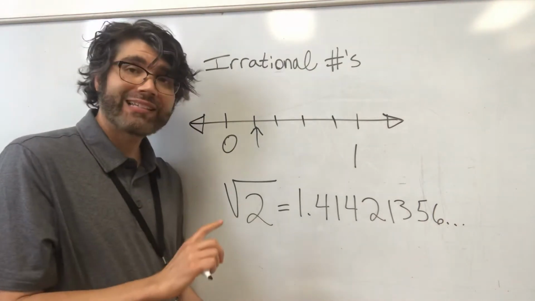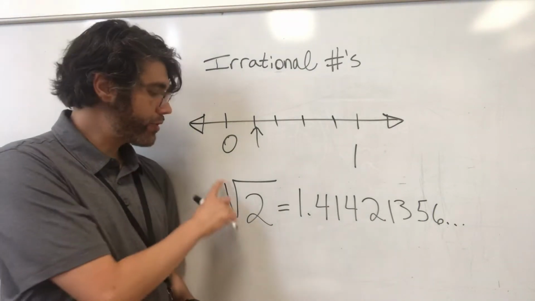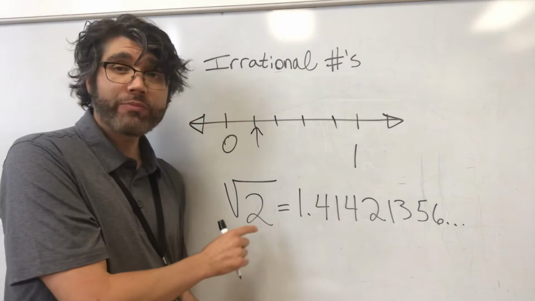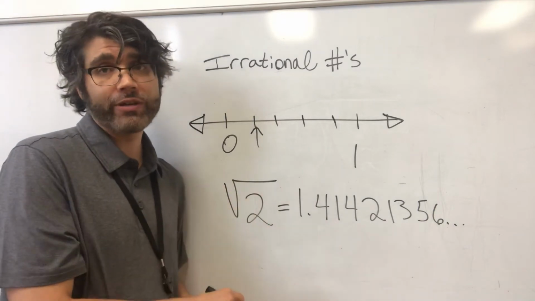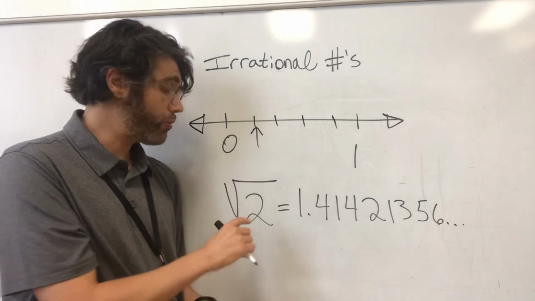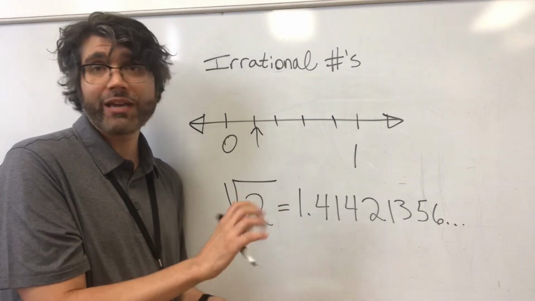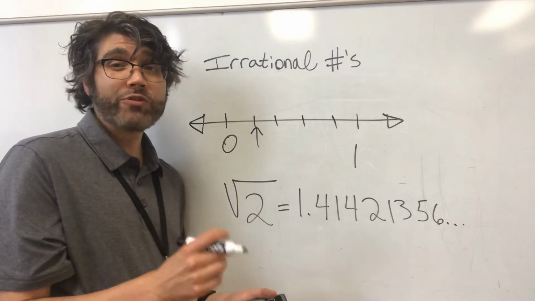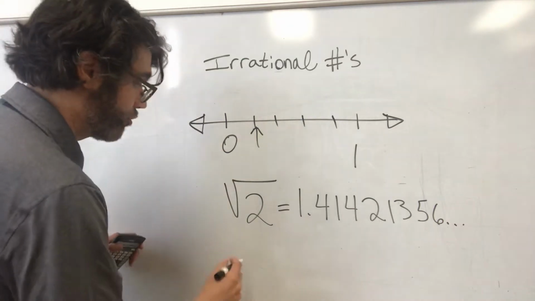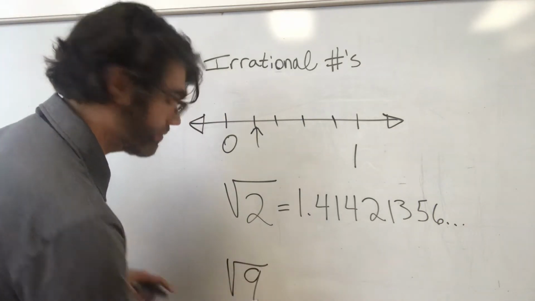In fact, the square root of any non-perfect square is always going to be irrational. So 2 is not a perfect square, so the square root of it will not be rational. The square root of 9, for instance, is rational.